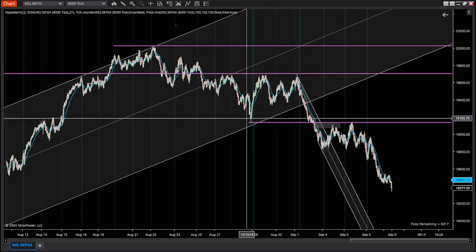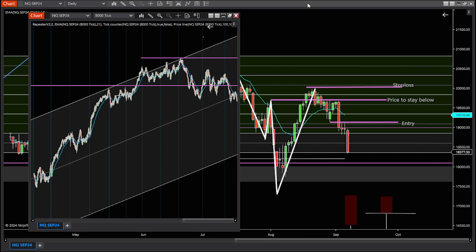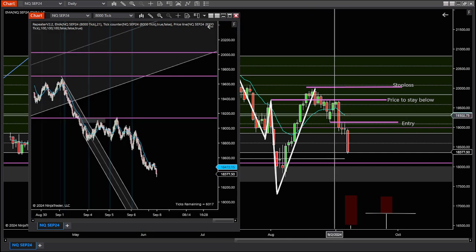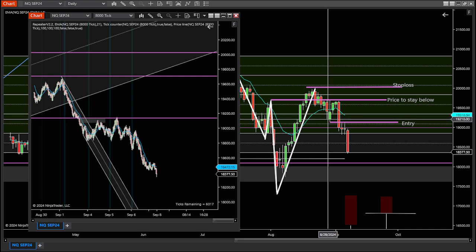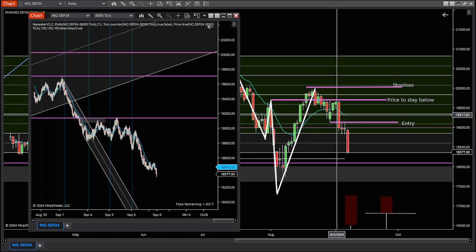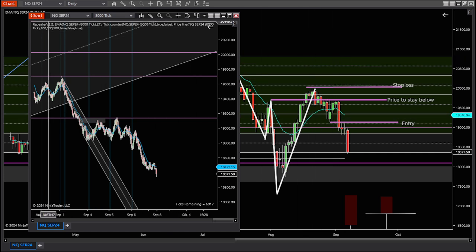When we started to actually sell off and on the daily, start getting those closes below the EMA on the 28th, 29th, 30th, 2nd, and 3rd.